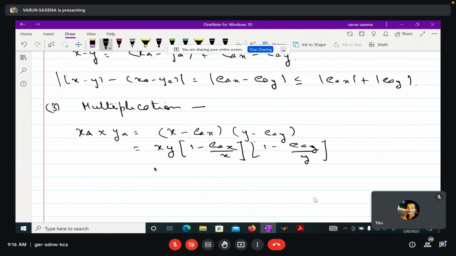So xa ya is equal to xy, and eax over x is simply erx, right? Because eax is x minus xa, divided by x will give you the relative error. So this is 1 minus erx times 1 minus ery.